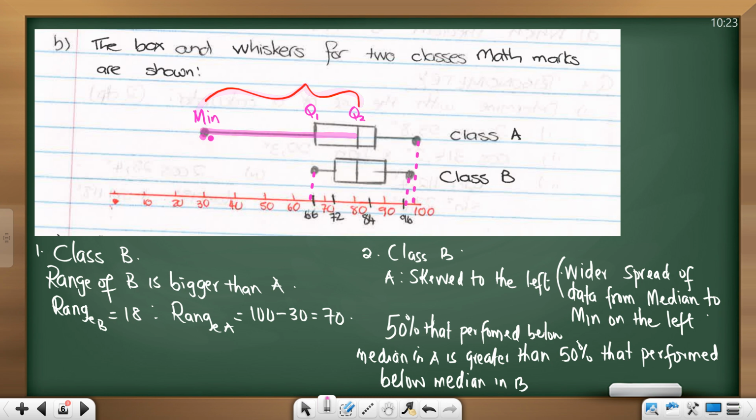Although it's 50%, the marks in A are way too spread out, but these ones in B are quite high because the minimum is 66, while the minimum here is 30. So we look at that to judge. 50% of class A is a wider spread than 50% of B. So we can use the range. Is that fine? Awesome.